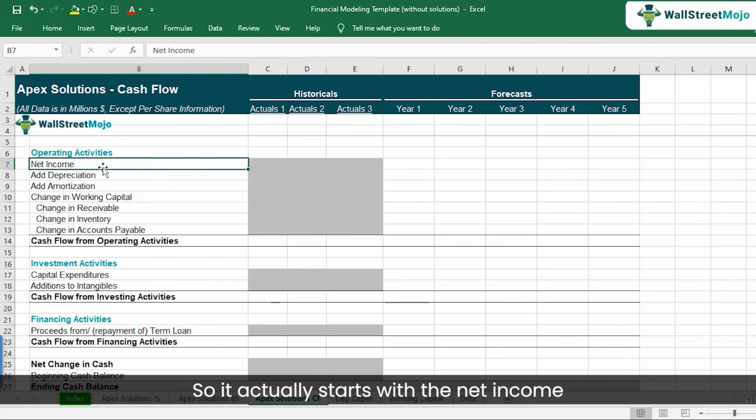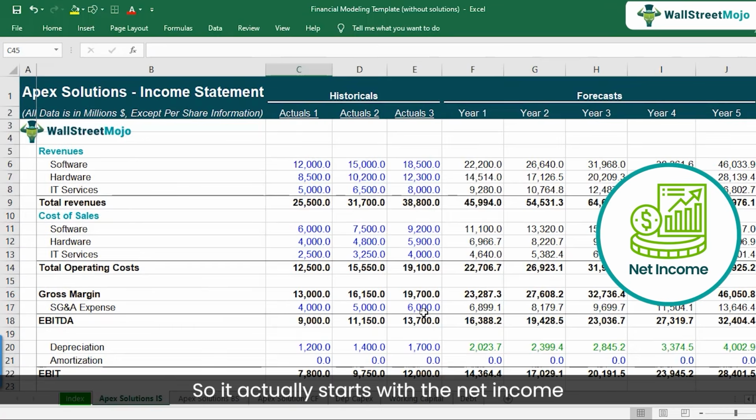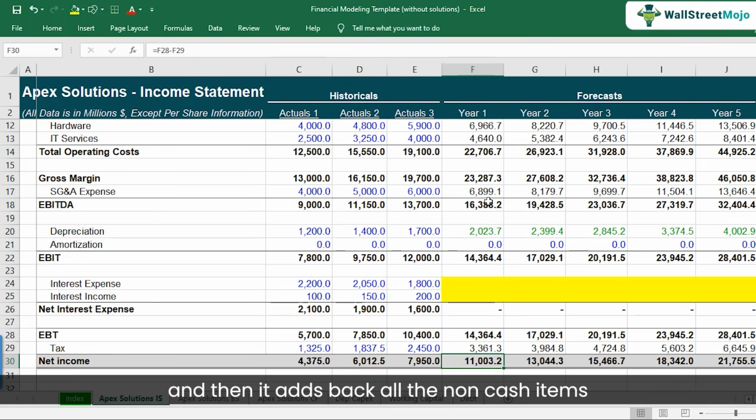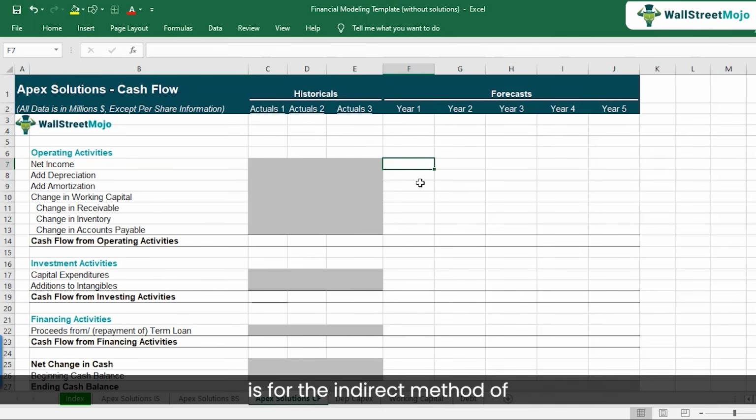So it starts with the net income, that's the bottom of this income statement, and then it adds back all the non-cash items which are relevant, right? So that's the approach for the indirect method of finding out the cash flow from operations, and we'll try to apply that and see how it goes.